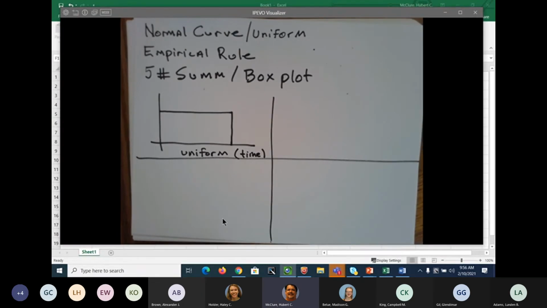Y'all don't start communicating. Why is time uniformly distributed? Come on, I know some of y'all have some scientific minds. Come on, throw out a guess. Why is time considered uniform? Give me some things you know about time.